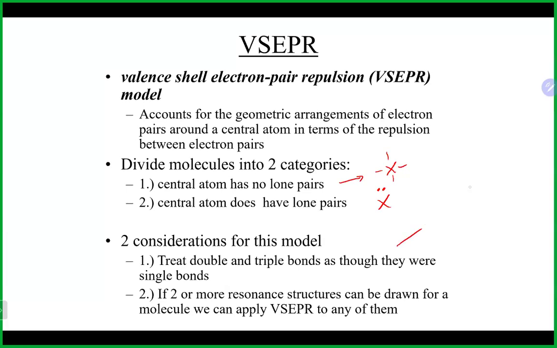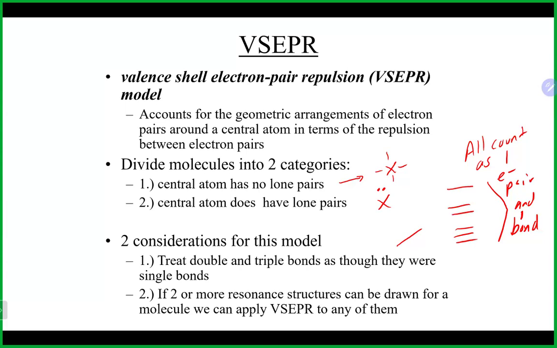So if you have a single bond, a double bond, a triple bond, they all count as one electron pair, and they also all count as one bond. So pretty much anything that you count around the central atom is going to count as one, regardless, single, double, or triple. Obviously, if you have two dots, that counts as one pair of electrons as well. So again, pretty much everything's going to count as one. We basically always look at the central atom when we're doing this.